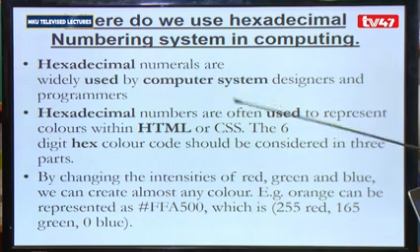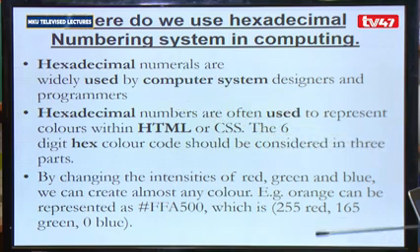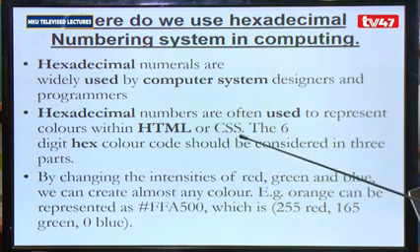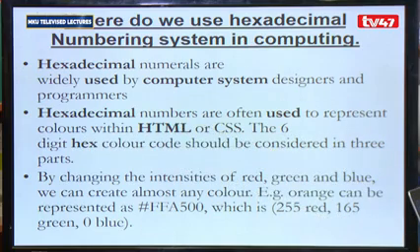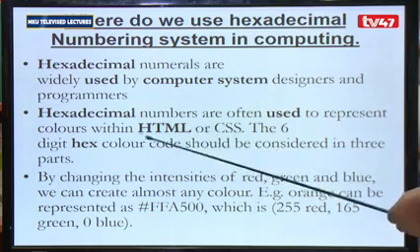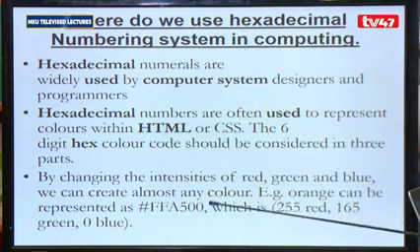We also use the hexadecimal system in web design, especially with HTML and cascading style sheets, where we use the hexadecimal digits to represent a color code when you are designing websites. They are the best for that representation, and these are direct HTML format.